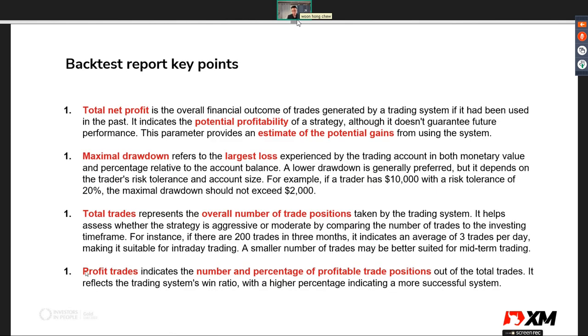So lastly will be profit trades, which indicates the number and percentage of profitable trade positions out of total trades. It reflects the trading system's win ratio, with a higher percentage indicating a more successful system. Usually this is not the case. I mean, if let's say you are at a 70% win ratio, you are definitely profitable.